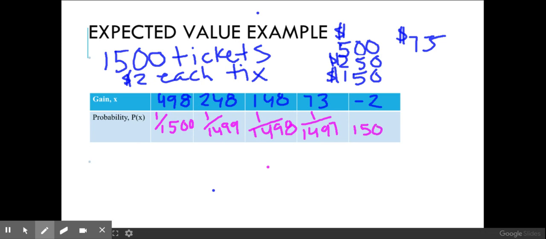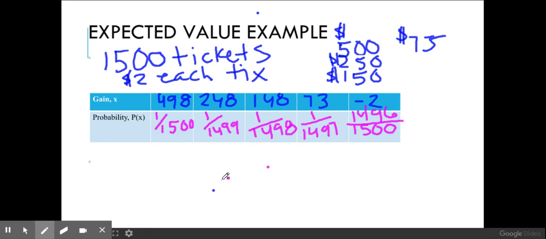So this is out of the 1,500. We would have a total of 1,496 tickets left out of the total of 1,500 to start.